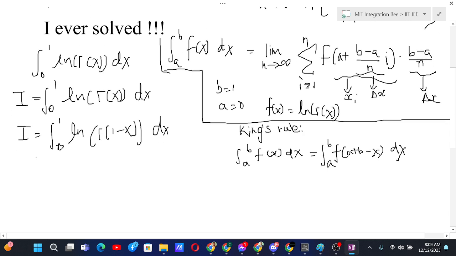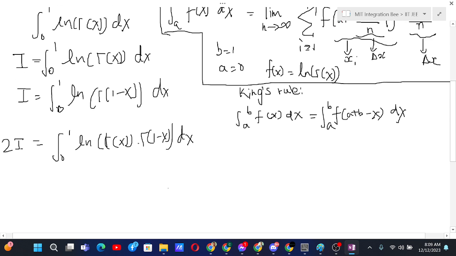Now if we add these two integrals, we will get 2I equals the integral from 0 to 1 of ln gamma x, and then plus ln of something. Now the sum of the ln's will be ln of the product of the two things. So this will be ln of gamma x times gamma 1 minus x dx.